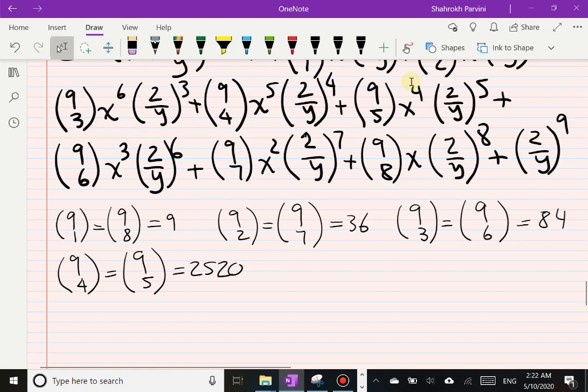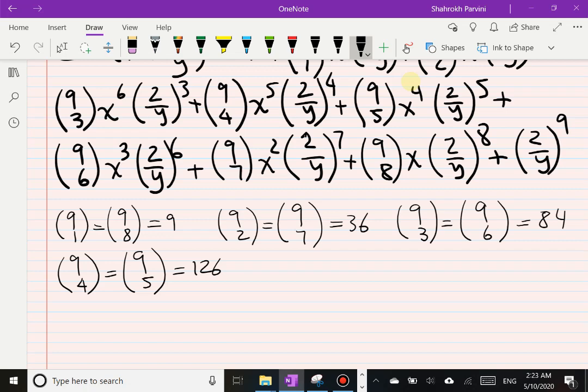Sorry. But the rest of them are correct. Okay, that turns out to be 126. Let me just make sure. 9 nCr 3 on my calculator, I got 84. 9 choose 2 is 36, and 9 choose 8 is 9. Okay, and there you go.